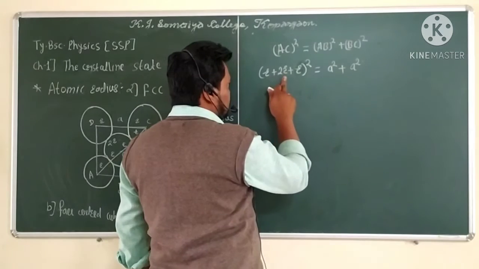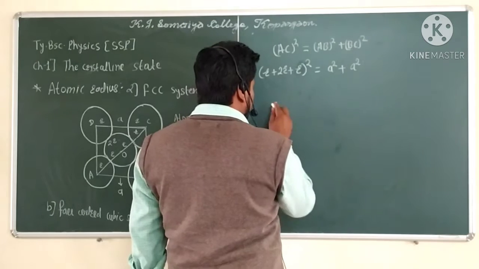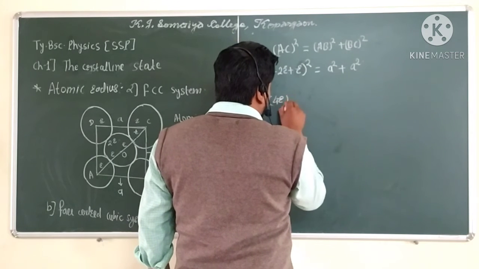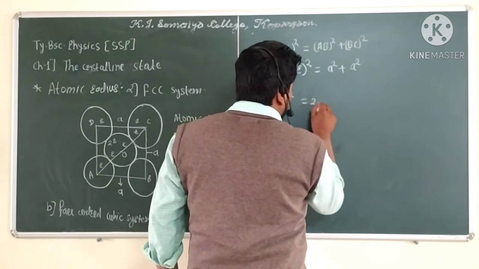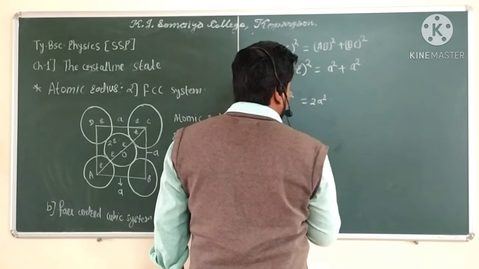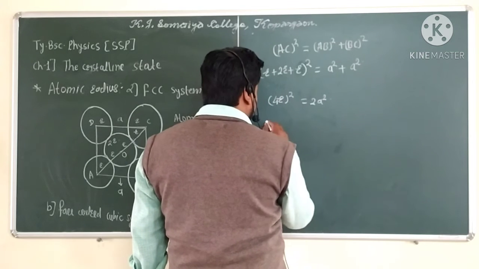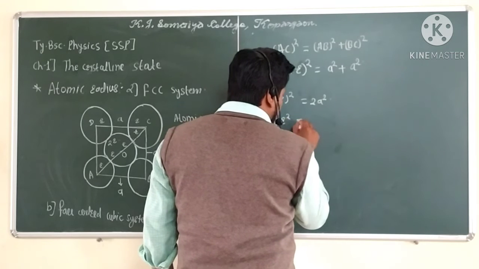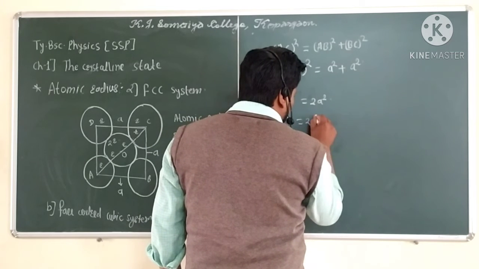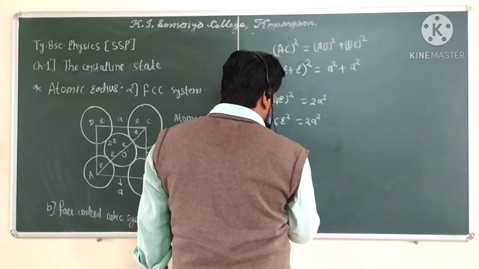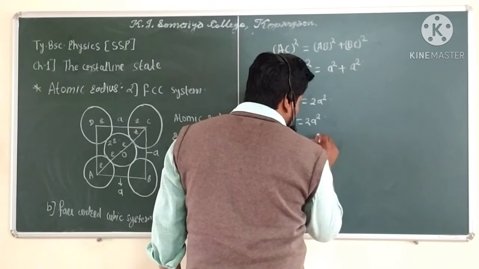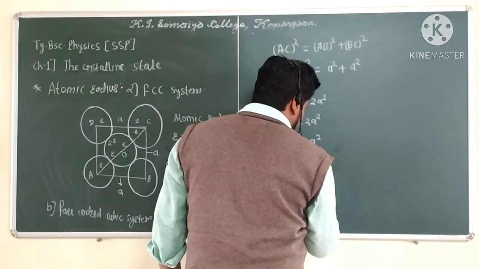So R plus 2R plus R is 4R, whole square is equal to 2A square, and this 4R square is considered as 16R square is equal to 2A square, and this R square is considered as 2A square divided by 16.